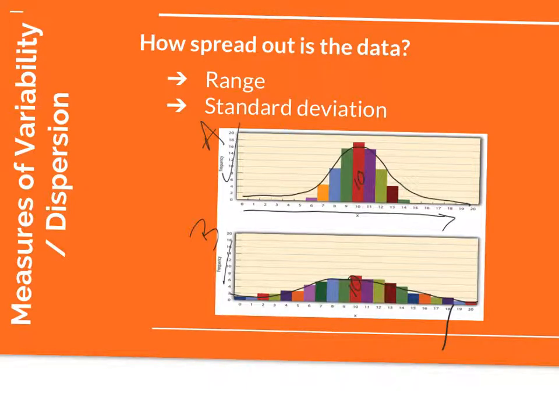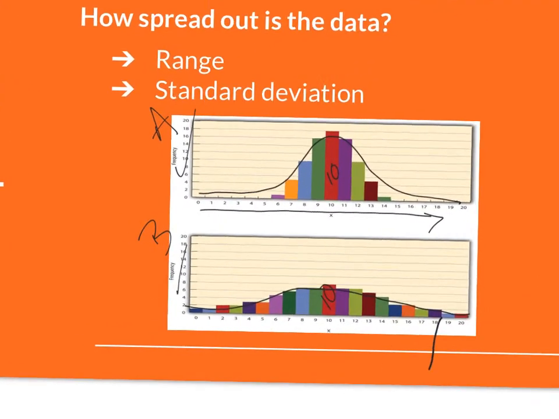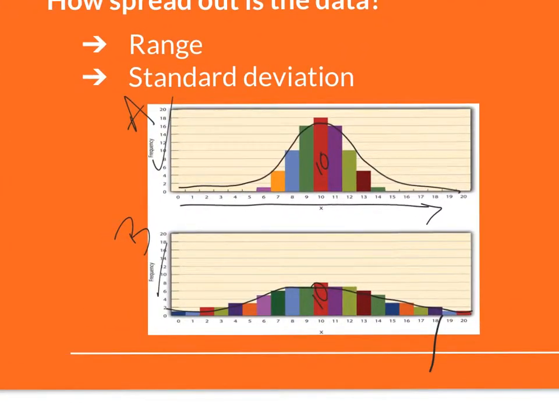Two sets of scores could give you very similar measures of central tendency, yet, as you may see, the experience, in this particular example of reporting scores on a test, is very different.